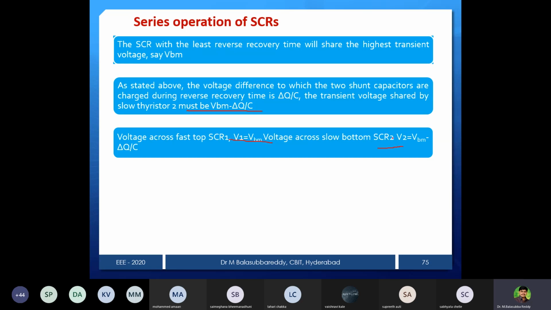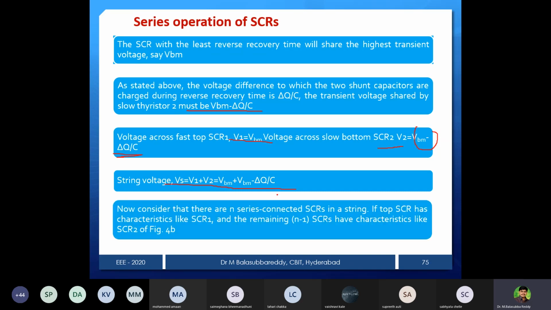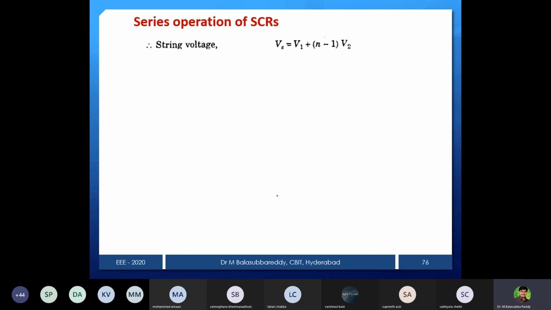Drop across 1 is VBM, drop across 2 is equal to VBM minus delta Q by C. So I will write the equation Vs is equal to V1 plus V2, VBM plus VBM minus delta Q by C. Now I will show you the relation for Vs of series resistors, what we derived for static: V1 plus n minus 1 into V2.